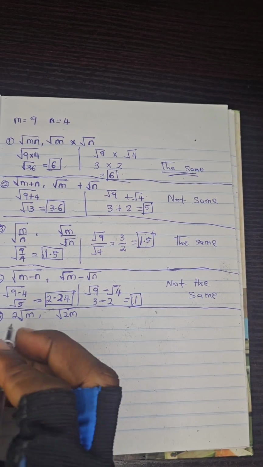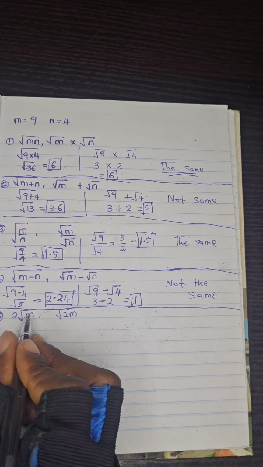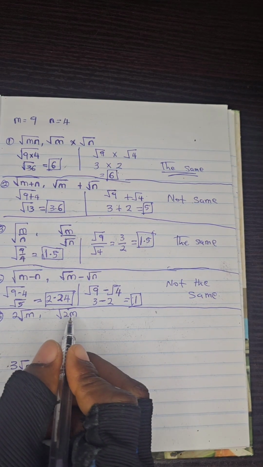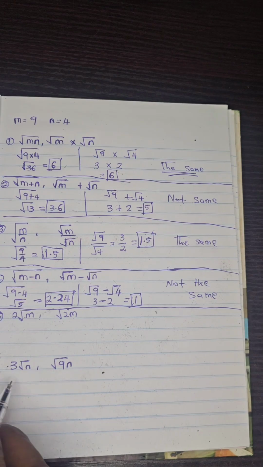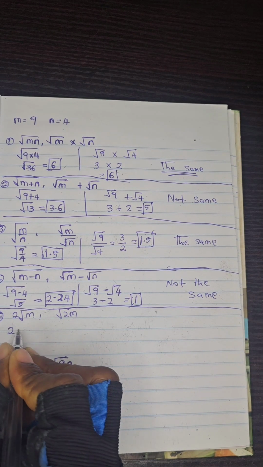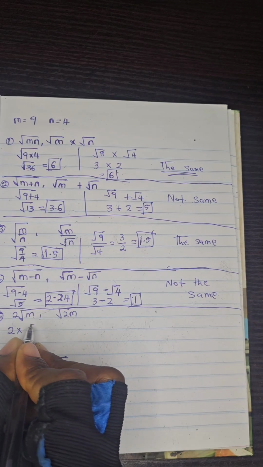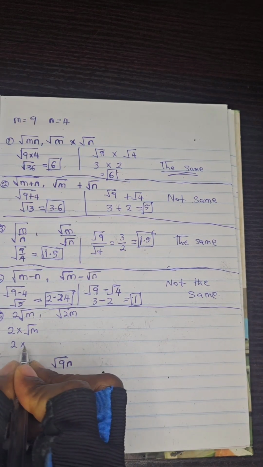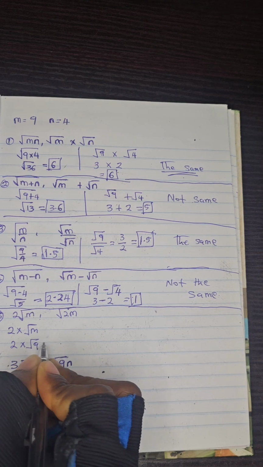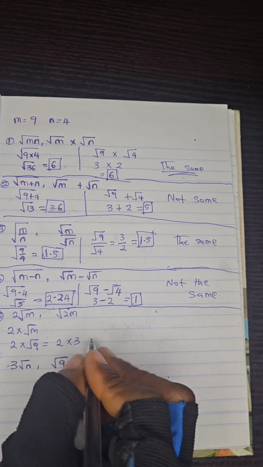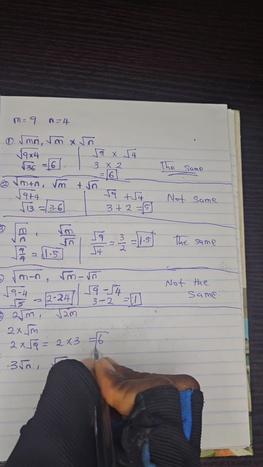Here we have 2 square root of m and square root of 2n. I'll solve for this. So we now have 2 times square root of m. Our m is 9, so it's 2 times square root of 9, which is the same thing as 2 times 3. Since square root of 9 is 3, the answer is 6.